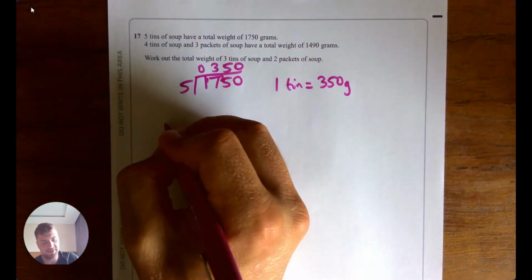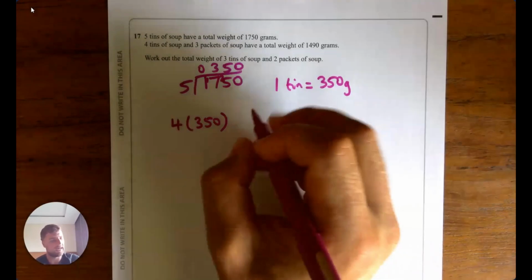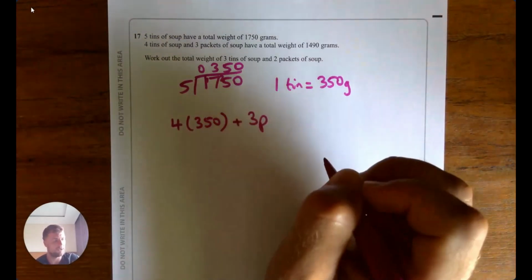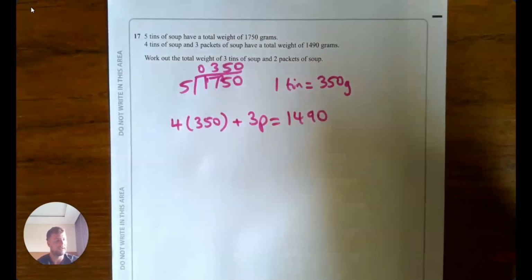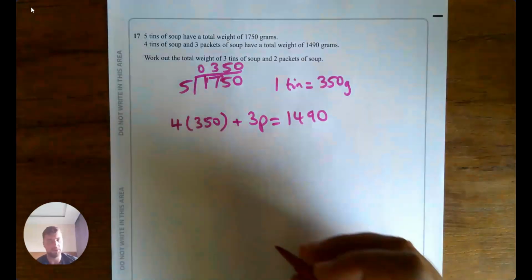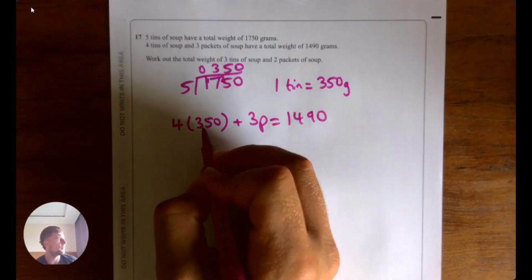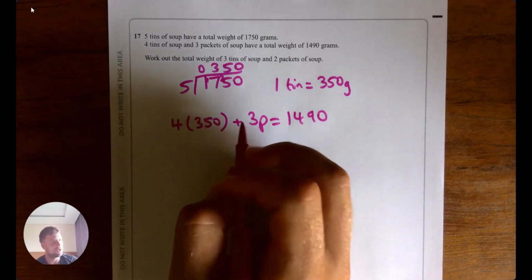Then we know 4 tins of soup and 3 packets of soup make 1,490. So 4 times 350, add 3 packets of soup, so I'll just write 3p for that, equals 1,490. So 4 times 350, you can use workings for this, or you can do it in your head. 4 times 300 is 1,200, and then 4 times 50 is 200.